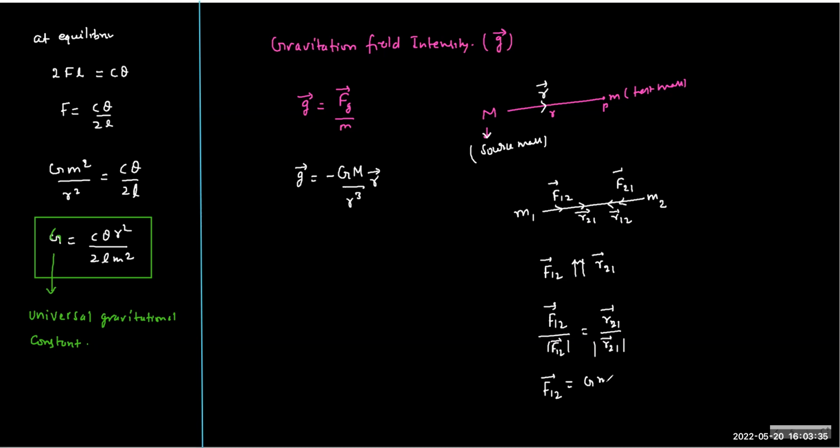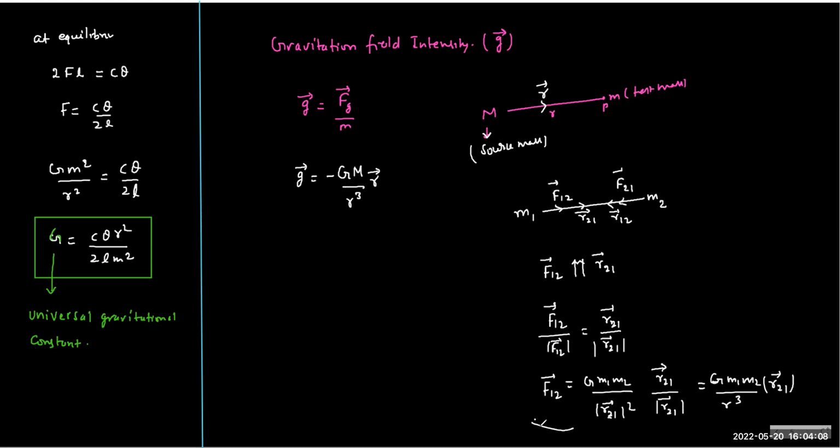The magnitude is G M1 M2 by mod of R21 whole square, because that's the mod at the end of the day. So we can take mod as R, so this will look better as minus G M1 M2 by R cube into R21. But we want to make it in terms of the 1-2 relation.